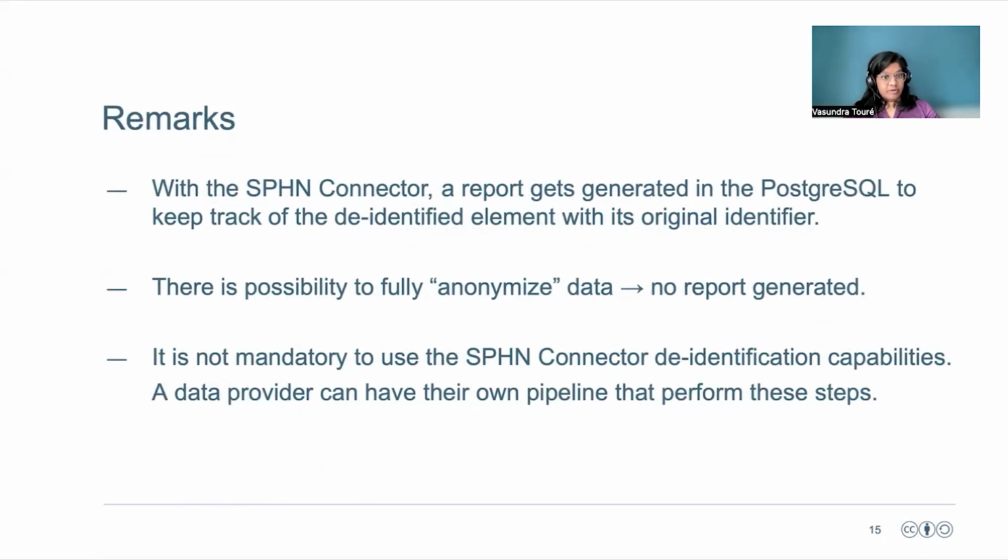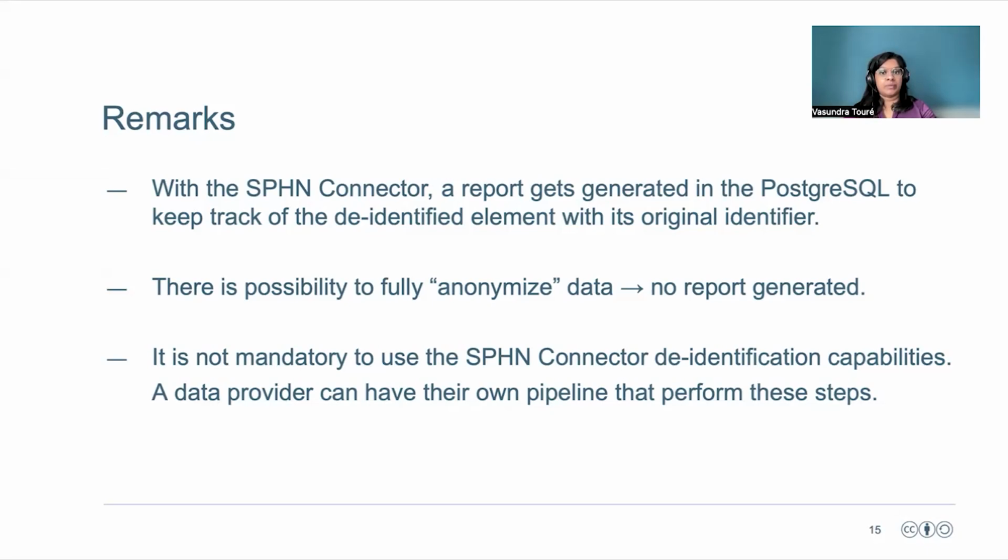Some final remarks. So with the SPHN connector, you can have a report that gets generated to keep track of these de-identified elements with their original identifiers or values. But there's also the possibility to fully anonymize the data where you would not get any report generated.